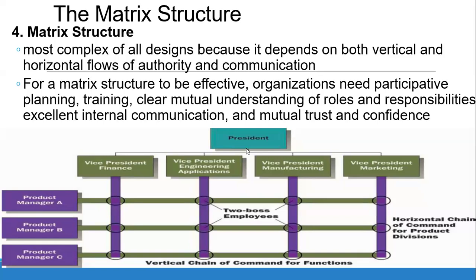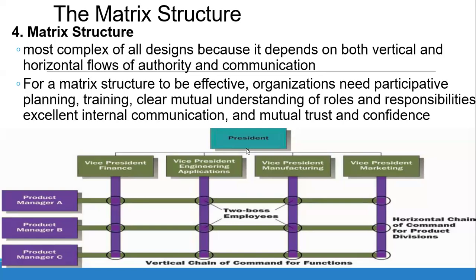But having said this, it works very well for them because they are able to monitor what is happening at the parent company and also at their subsidiaries in order to maintain the same level of standardization and coordination that they are looking for. And so the unique thing about this matrix structure is that it has dual lines of authority.